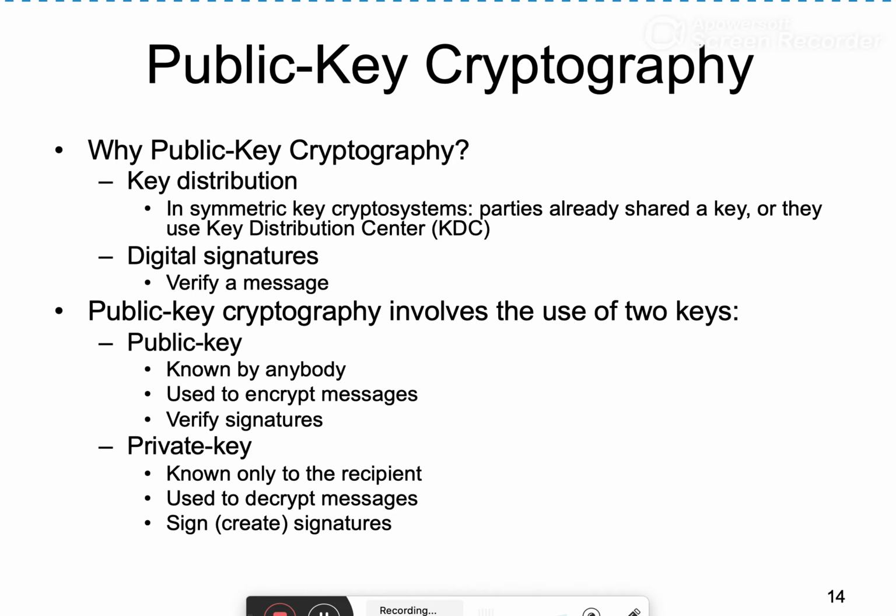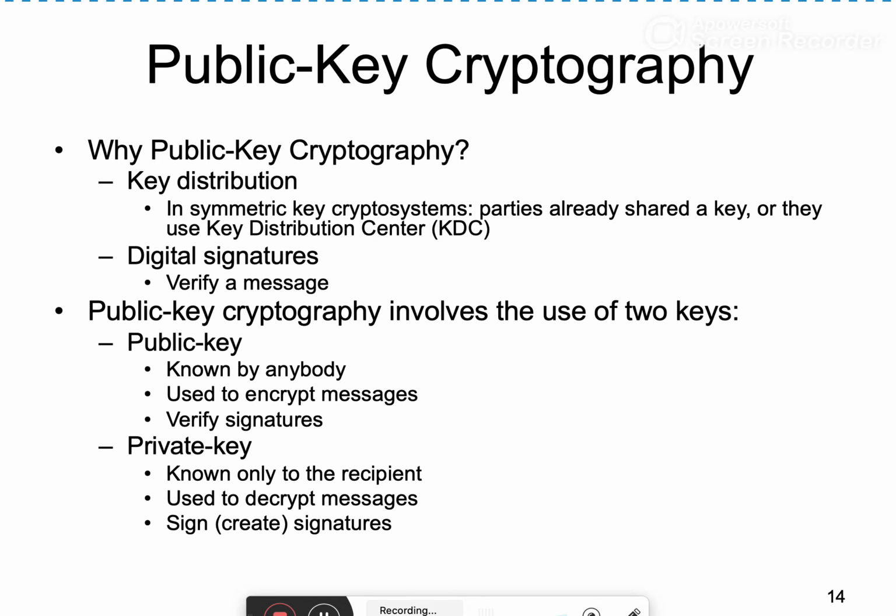Why is public key cryptography very famous? First, it solved the problem of key distribution. The biggest issue with symmetric key cryptosystems was how to distribute keys among parties, and for this they needed to rely on a trusted third party that we call a key distribution center to get the proper key.